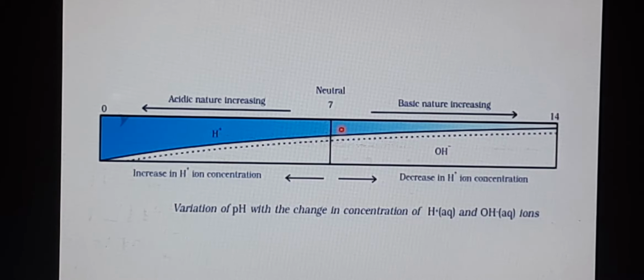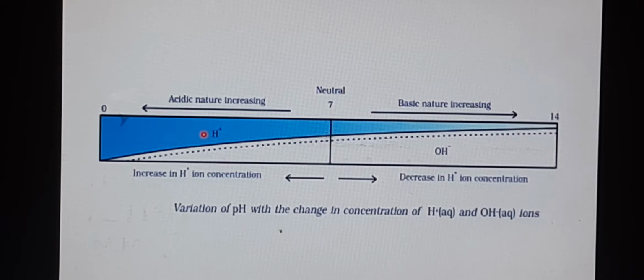This indicates that in 0 to 7 the concentration of H positive ions is more, due to which it will show acidic character. Any substance whose pH is from 0 to 6 will show acidic character due to the presence of H positive ions in that substance.